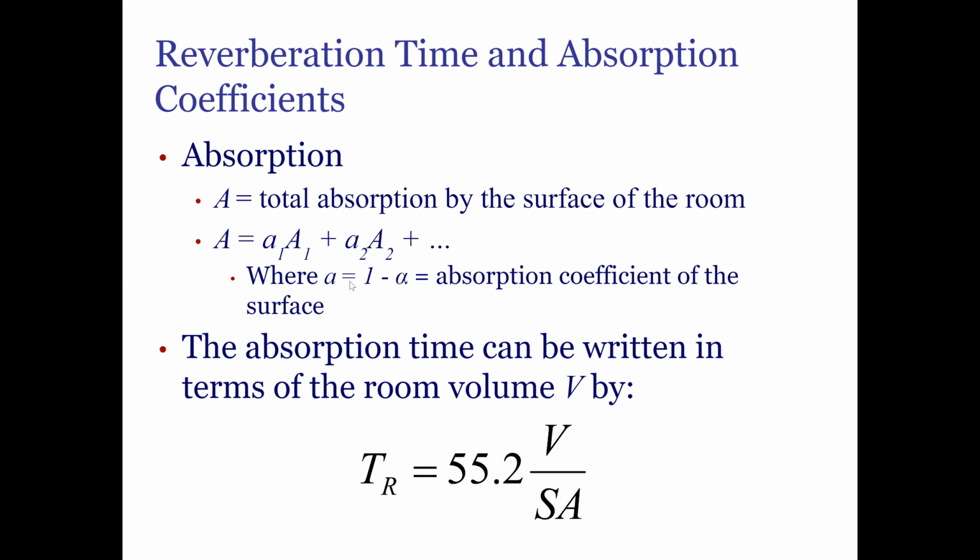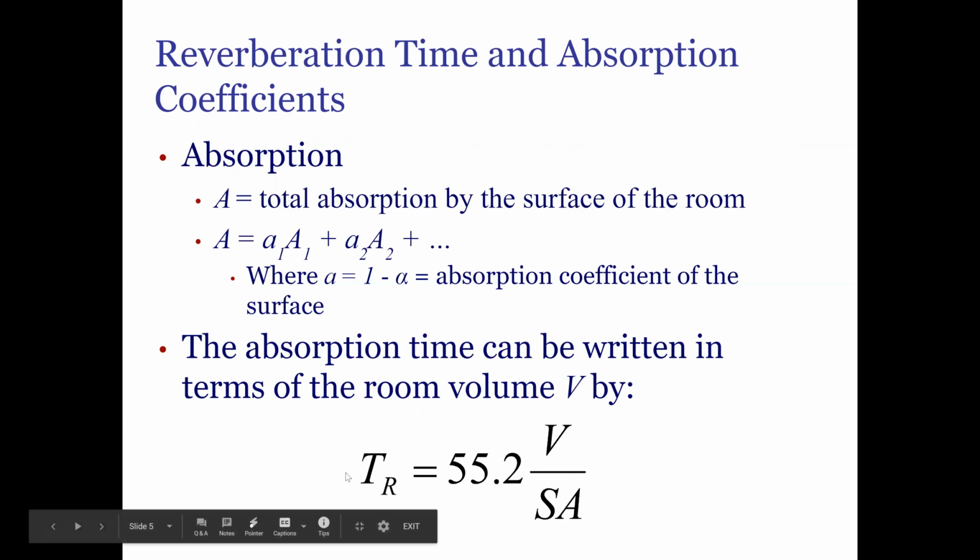Whereas if you have something that's very absorptive, like an acoustic board, that is going to have a very large A, and the large A times a certain area will give a corresponding high amount of absorption. So if you want to get the absorption for the total room, you've got to figure out how much is concrete, how much is acoustic board, how much is glass, how much is wood, all that stuff, and add up all that absorption.